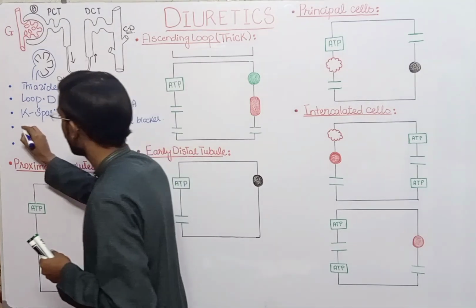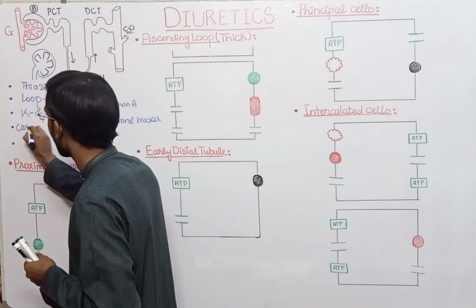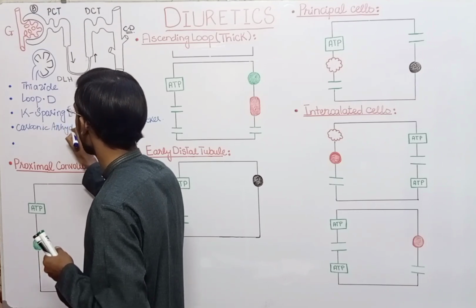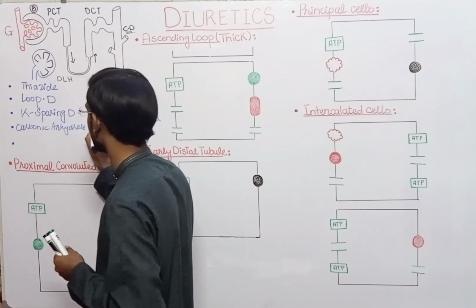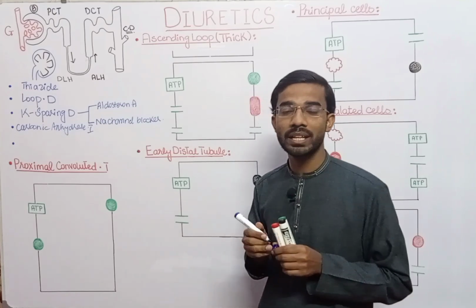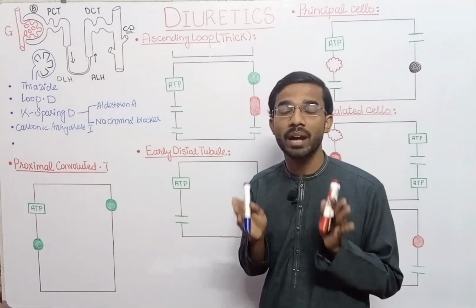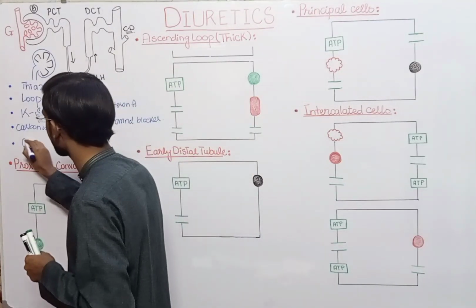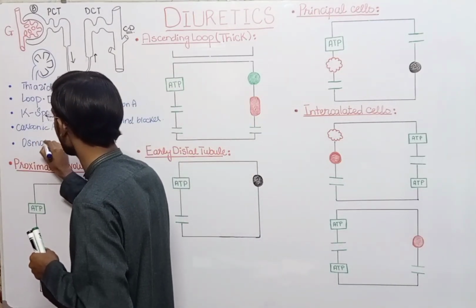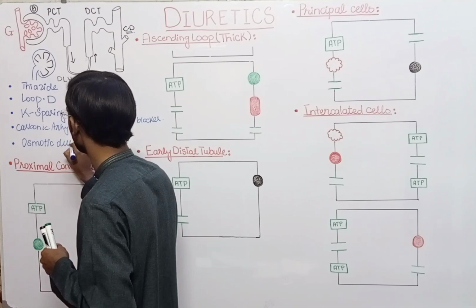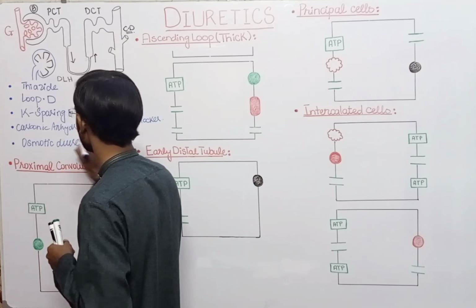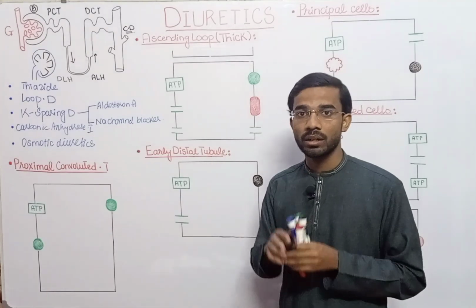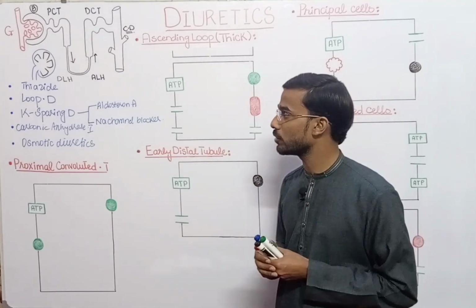Next is the carbonic anhydrase inhibitor, which inhibits the carbonic anhydrase enzyme. And last is the osmotic diuretics. So these are basically the different categories of the diuretics.